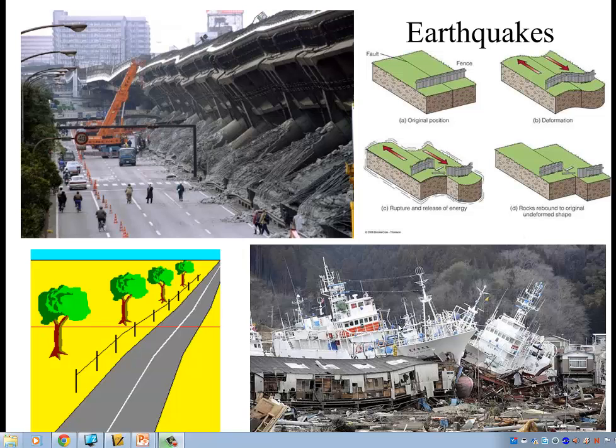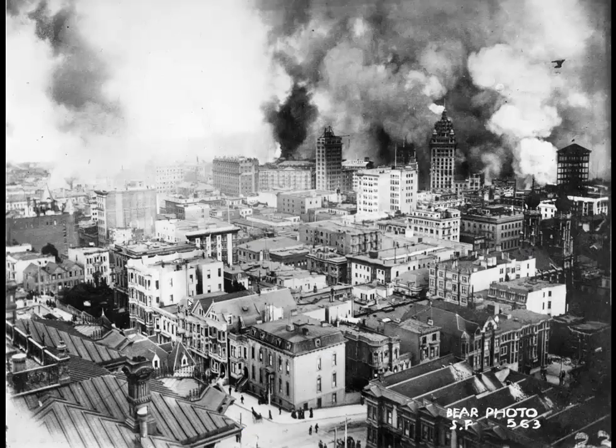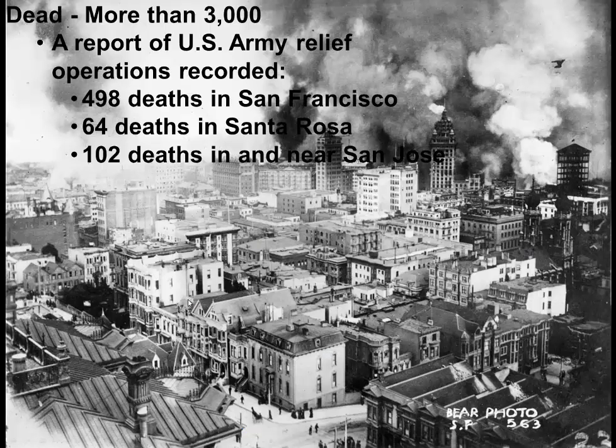Tsunamis in Japan, and then this is supposed to be working, but apparently doesn't. But this is a shearing force, a side-to-side force, where the other side, which seems to be moving to the right, makes this a right lateral fault. And then this is the 1906 San Francisco earthquake. It actually was a very large earthquake.